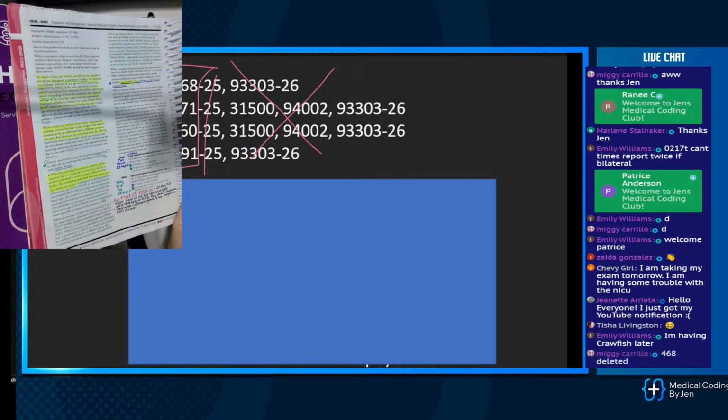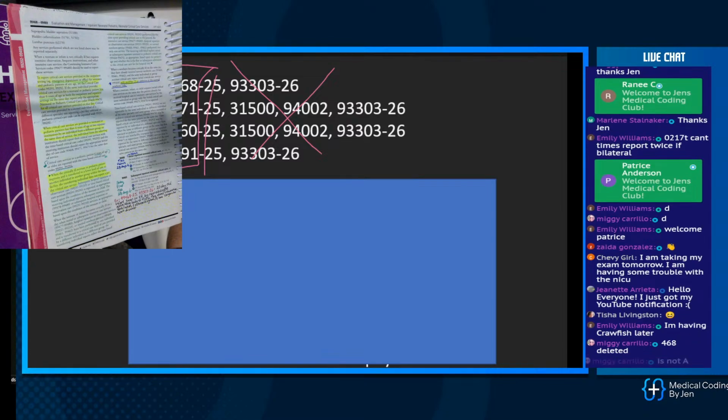But we've got different ages, right? Yeah, this one is 28 days and younger. This one, 71, is 29 days up.